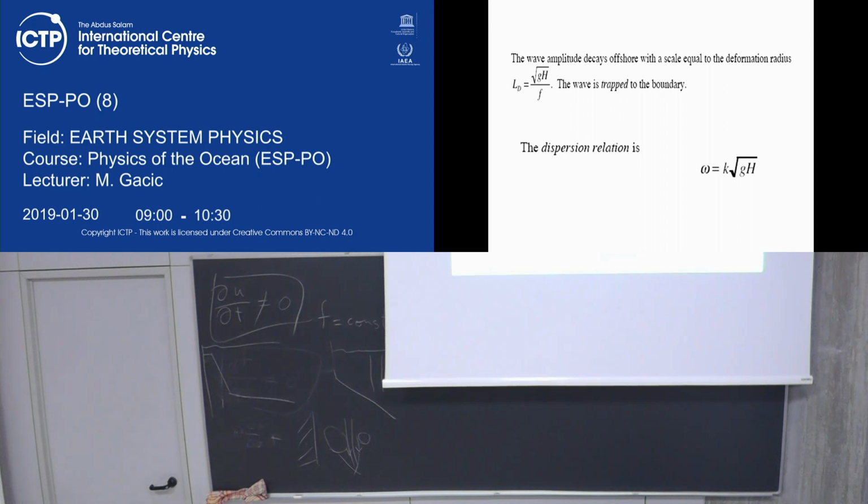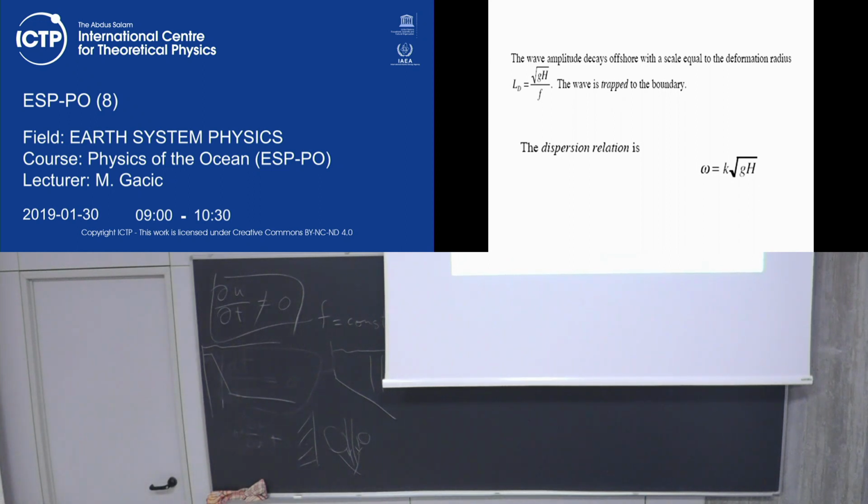So the Kelvin waves are trapped in the coastal area, in an area about 100 kilometers wide. So we say that the waves are trapped to the boundary. That means they don't leave the boundary.